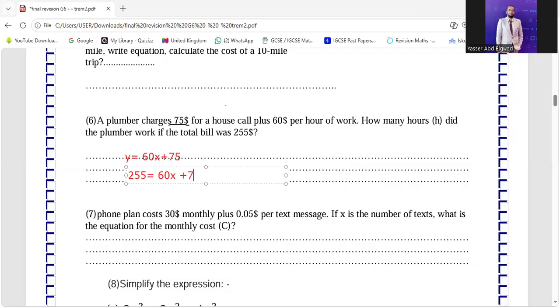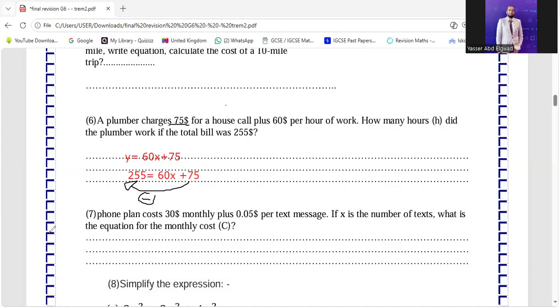And solve the equation. How to solve it? You take the 75 to the other side and subtract it from 255. After you subtract, we get 180.